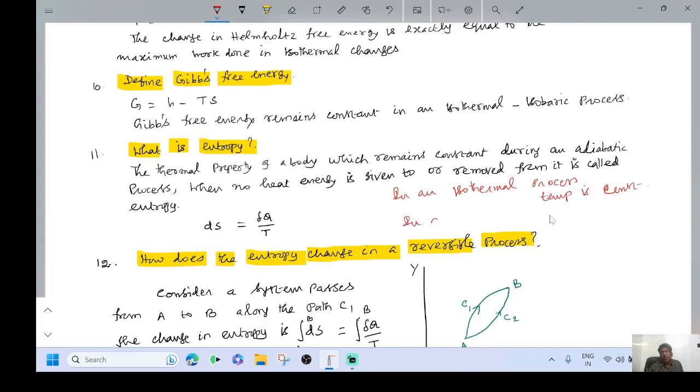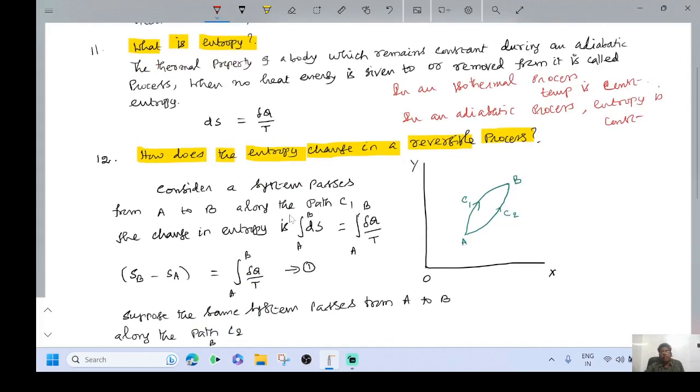In an adiabatic process, entropy is constant. So the change in entropy is equal to del Q by T. The quantity of heat energy either given to the system or taken away from the system divided by its temperature. This is called the change in entropy.